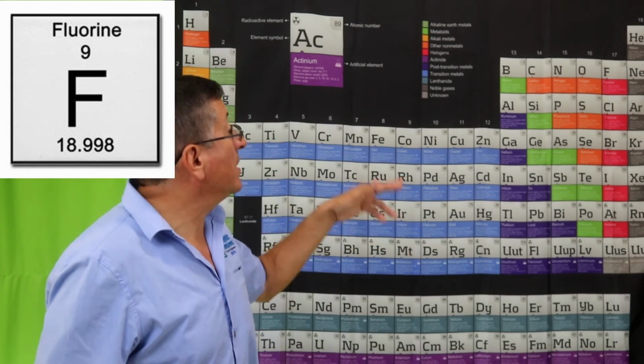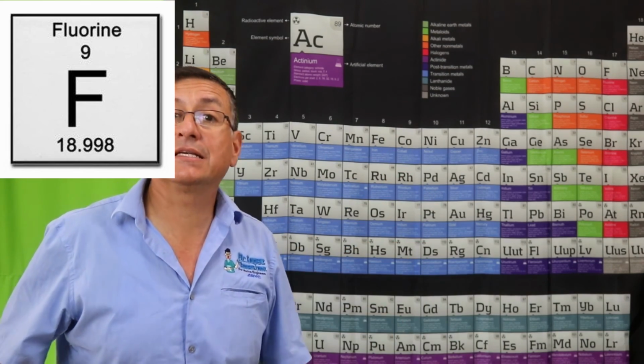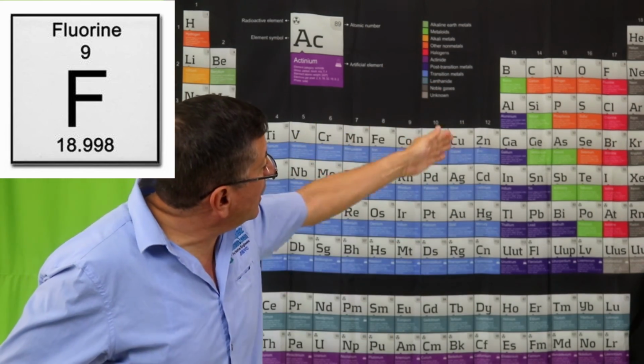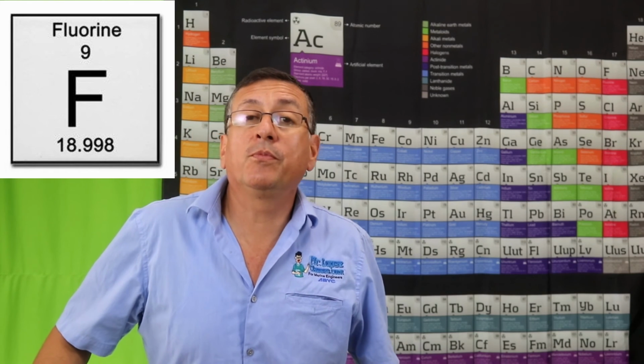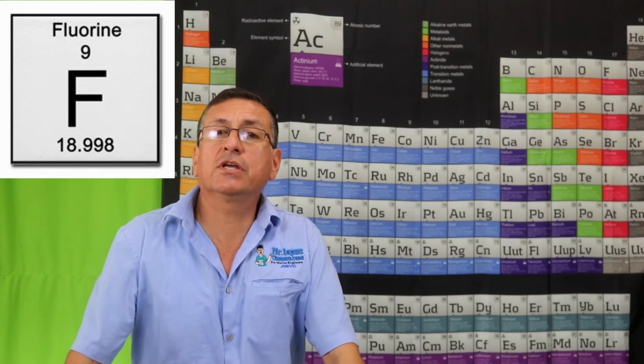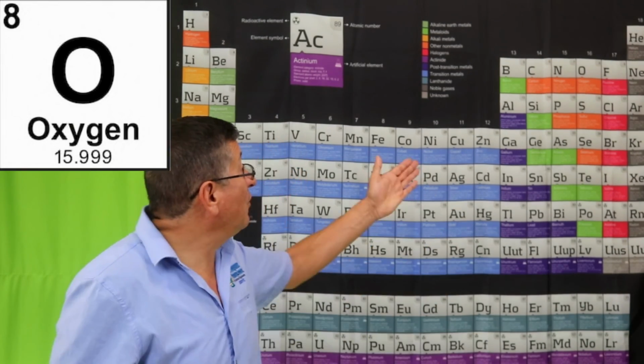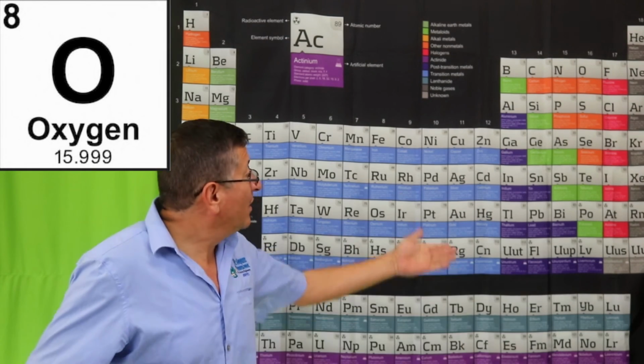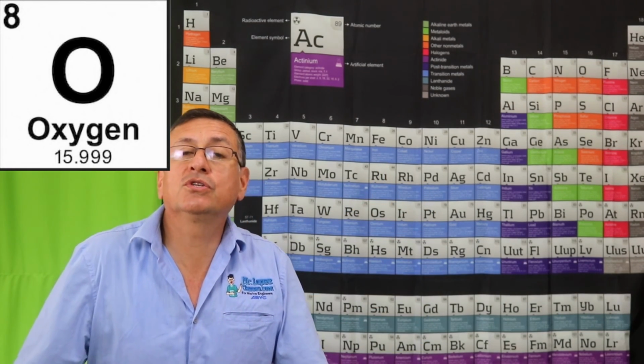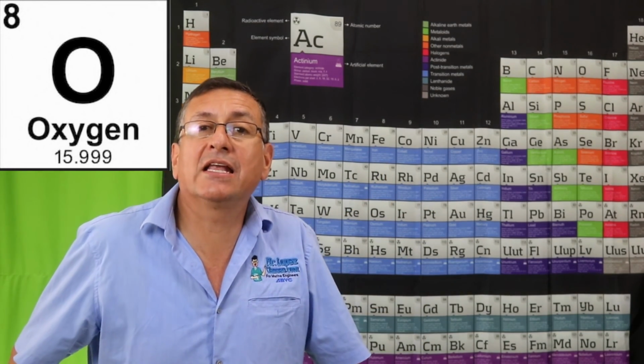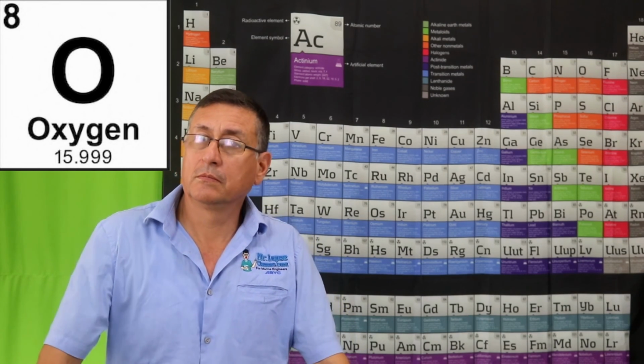Fluorine, chlorine, bromine, iodine, astatine: all of those elements in group number 7 have 7 electrons in the last orbit. What about group number 6? Oxygen, sulfur, selenium, tellurium, polonium. Those elements have 6 electrons in the last orbit.